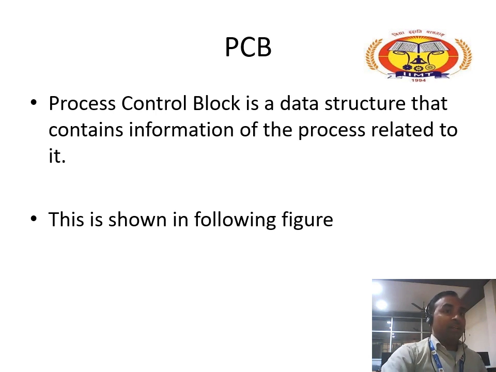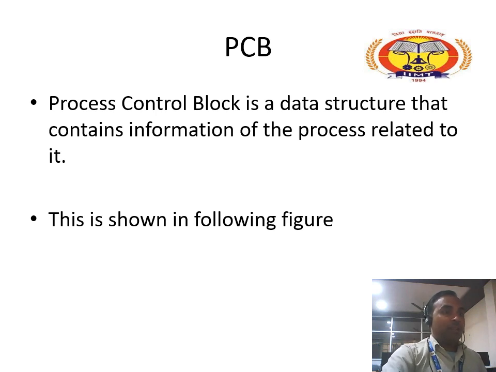Clear? From the job pool, all the processes will be picked up by the scheduler for execution. Okay, and in that case the process has to be maintained in a particular data structure, that is known as process control block.